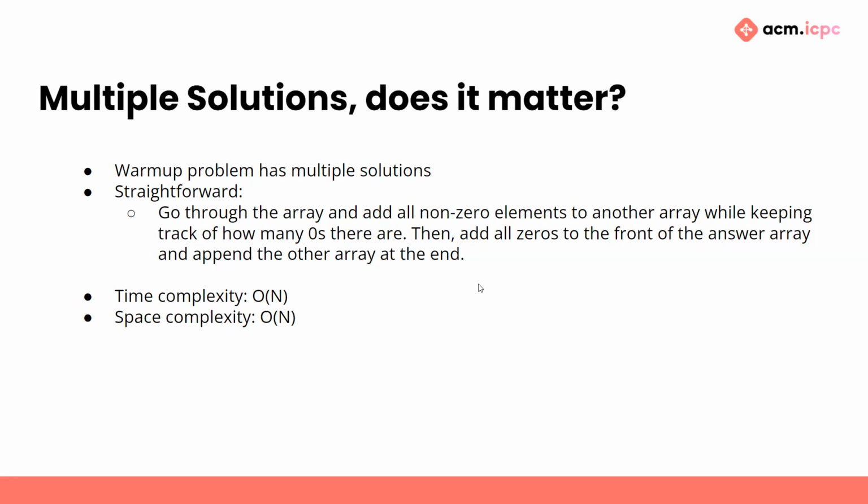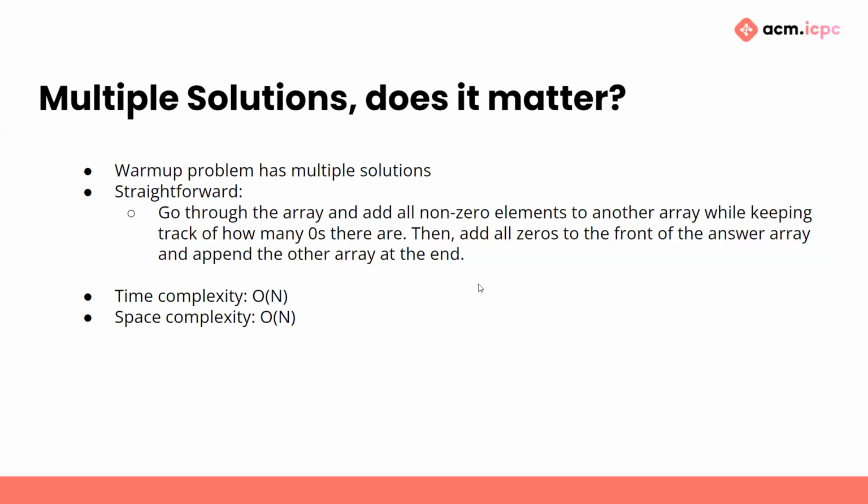But then we need to add all the zeros to the front, and that is at most O of n. So O of n plus O of n is O of 2n. And based on how we calculate big O, we want to drop the coefficients. So it becomes O of n. And if you were to do the same thing with adding zeros to the other array, it would also be the same complexity if you think about it.